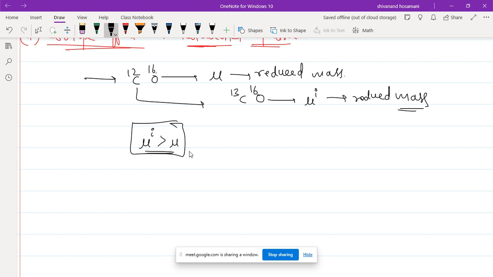Take for example the rotational line, delta nu bar, which is 2B times J into J plus 1.